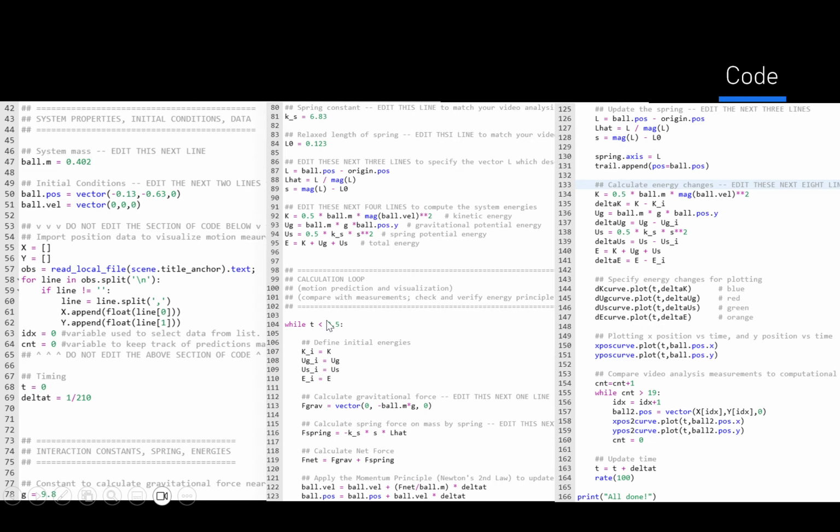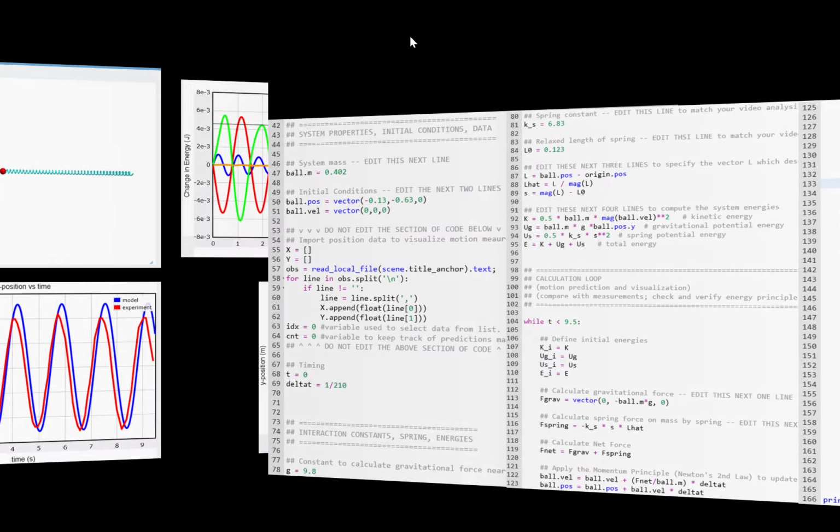So within the calculation loop, you're going to be calculating the force of gravity, the force of spring, and also just the total kinetic energy and all the energies. These will be changed between what you have currently as well as the delta, because you are calculating that and demonstrating that for plotting in the graphs.